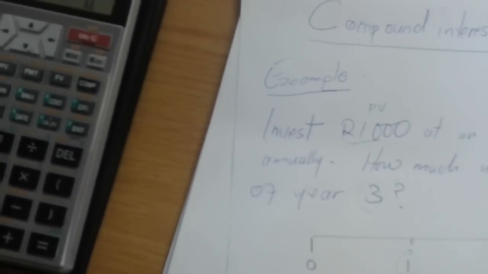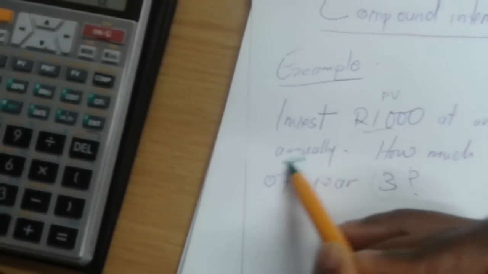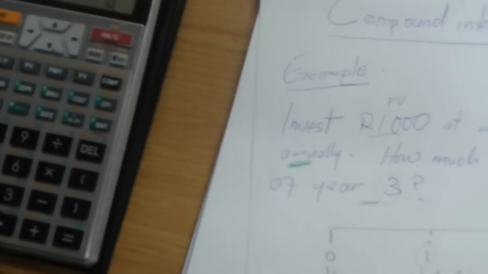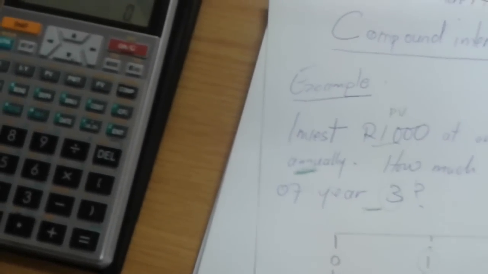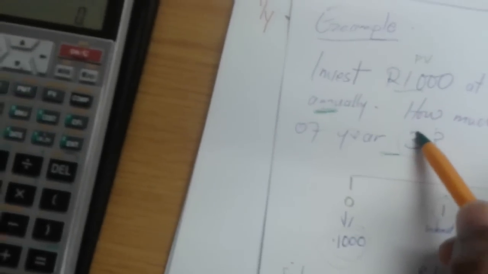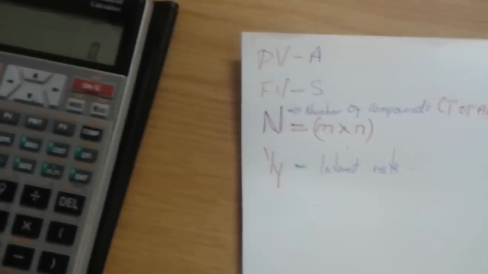It's because interest is compounded annually and it's for 3 years. So 1 times 3 is 3. Our big N is 3, but not because of this 3. It's a combination of compounded annually and 3 years, 3 annuals, right? 3 years annually. So there you go.